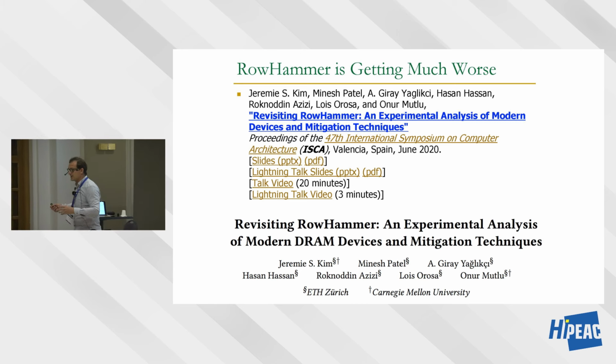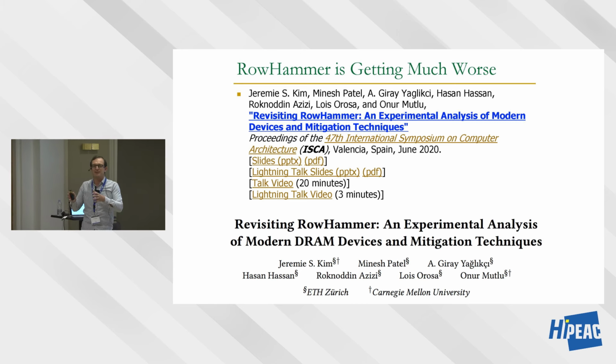And the question is, is this problem really easily solvable, as people claim that they could do? And the answer to that was going to be no. It's not easily solvable. And then the second question is, okay, they solved the problem, they released these chips, we have these chips, let's take a look if they solved the problem. And the answer to that is going to be also no.